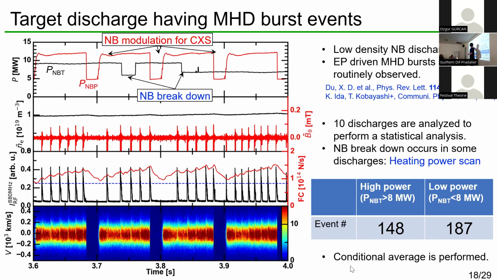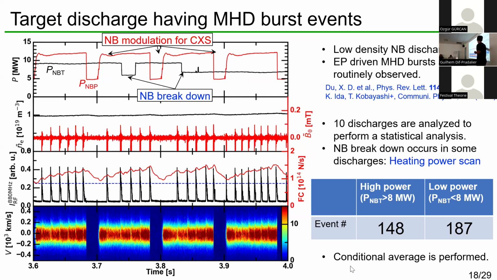And the black one is the heating power of the tangential NBI. This sometimes experiences a natural breakdown, and we use this natural breakdown for the power scan experiment in our data. The second and third figures are the time evolution of the poloidal magnetic field fluctuation and our clock signal, which has a bursty activity corresponding to the energetic particle driven instability event.